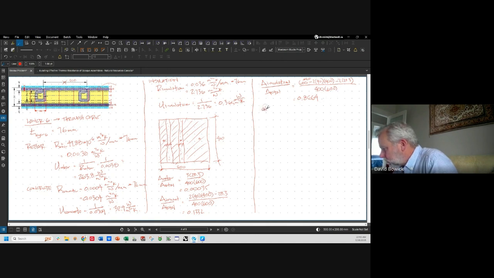Now, I never formalized this before, but we want to go back and check. Check: area total over area total is 0.00035 plus 0.1332 plus 0.8664, all over 400 times 600.